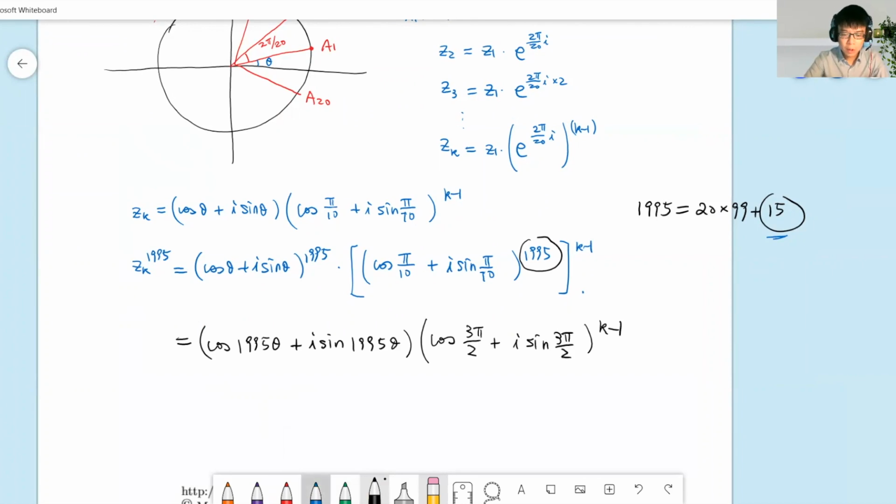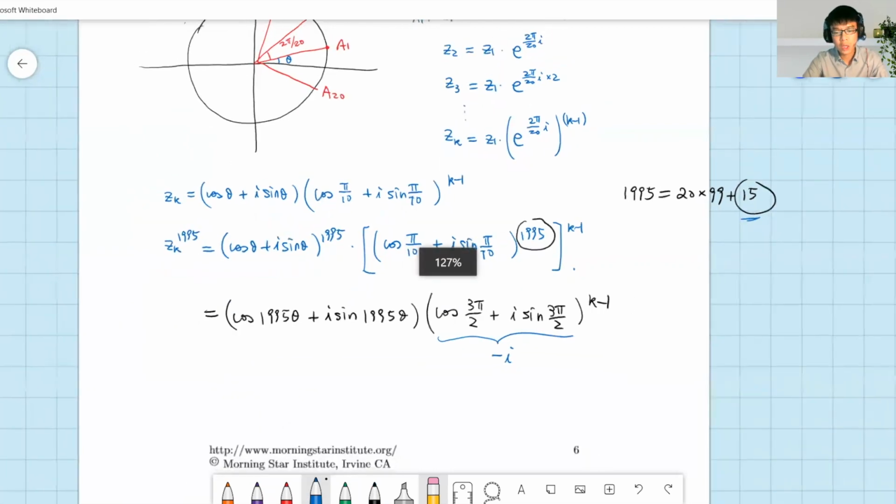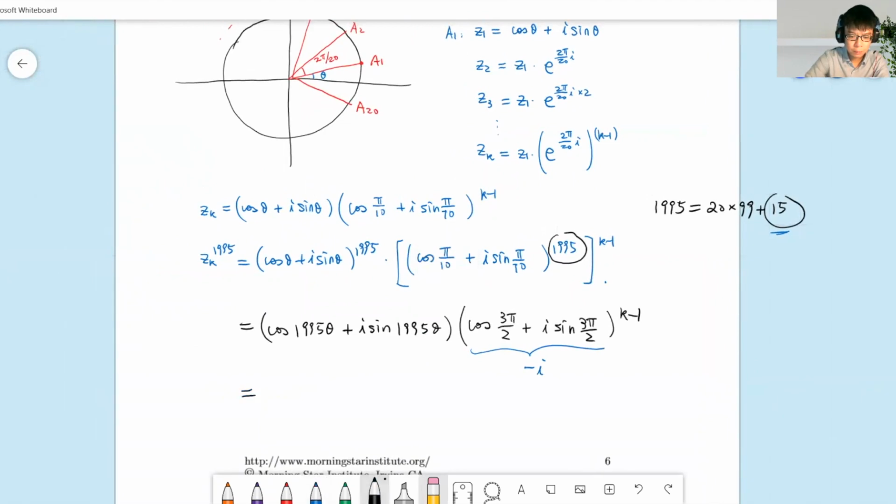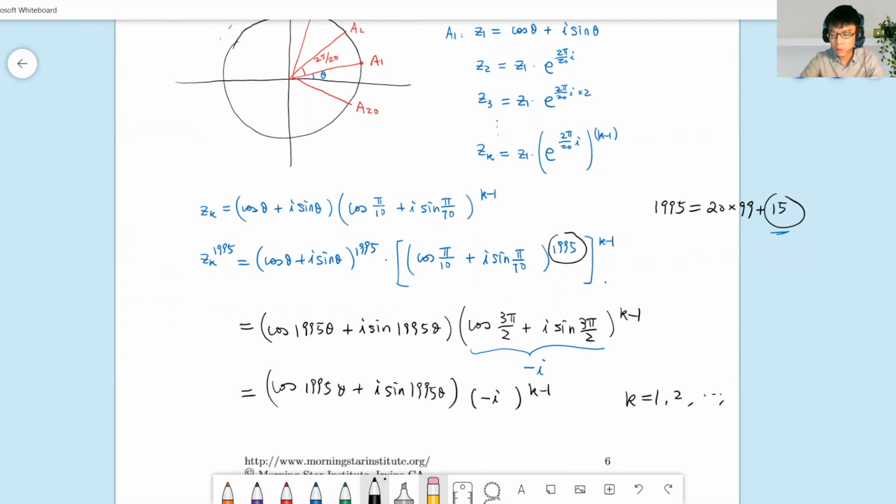The second parenthesis basically equals minus i, because cosine 3 pi over 2 is just 0. So this is cosine 1995 theta plus i sine 1995 theta, times minus i to the k minus 1, where k goes from 1 up to 20.